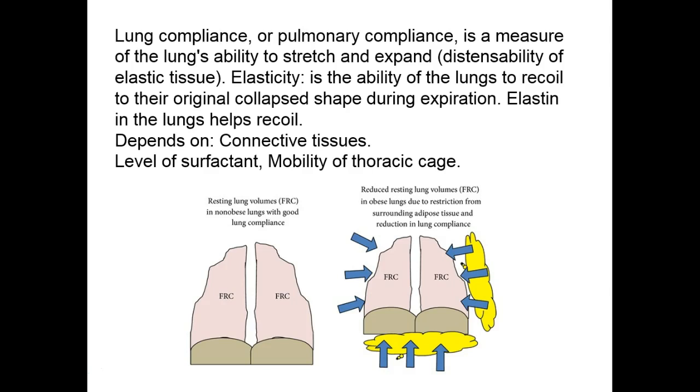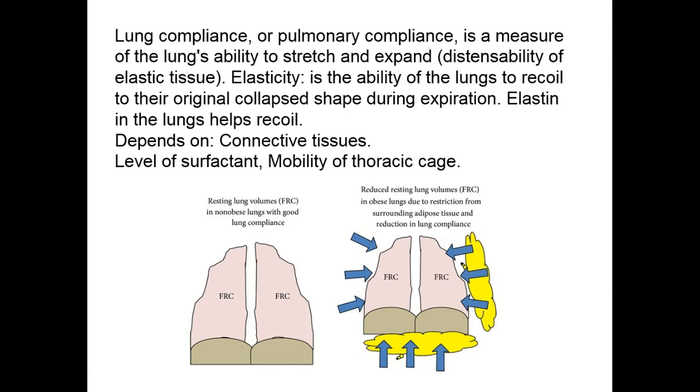The level of surfactant, if surfactant isn't facilitating, making the resistance less. And then motility of the thoracic cage, and that kind of goes with the connective tissue.